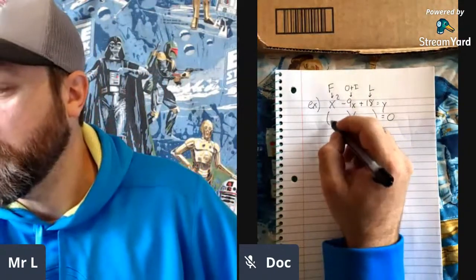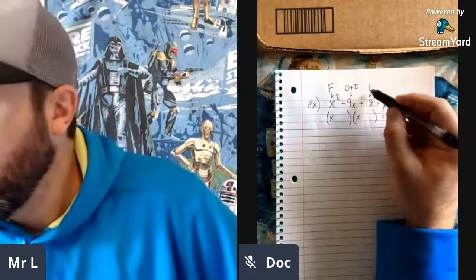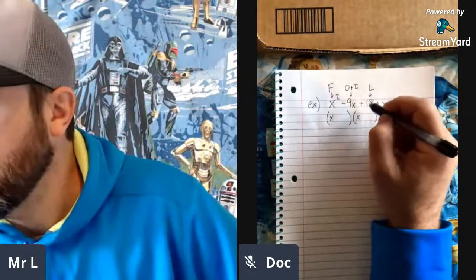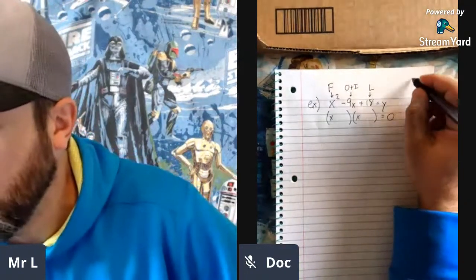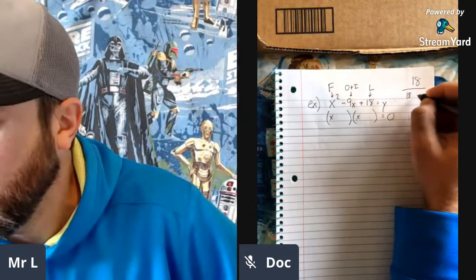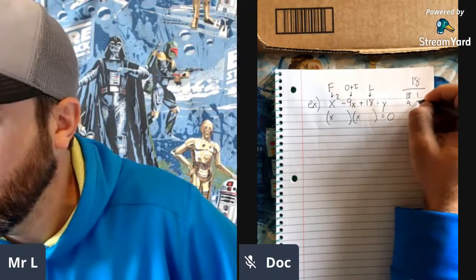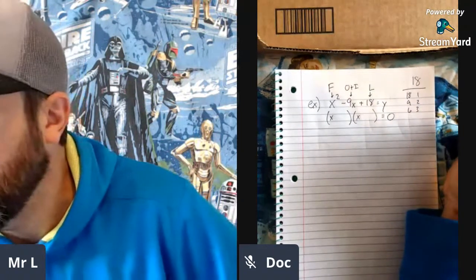So when A is 1, the only factors of x squared are x and x. That's nice. When I multiply my last terms together, I should get a positive 18. Now, what are factors of positive 18? Well, there's 18 and 1, 9 and 2, 6 and 3.